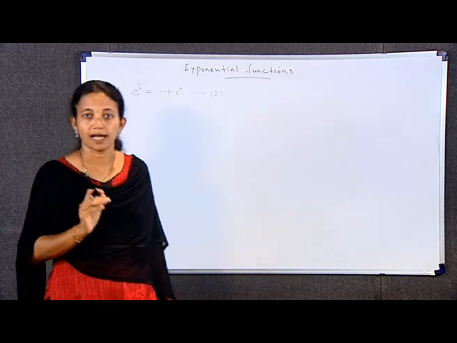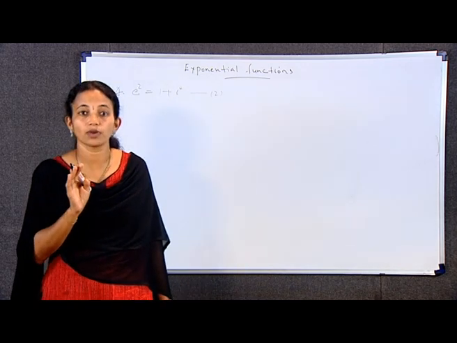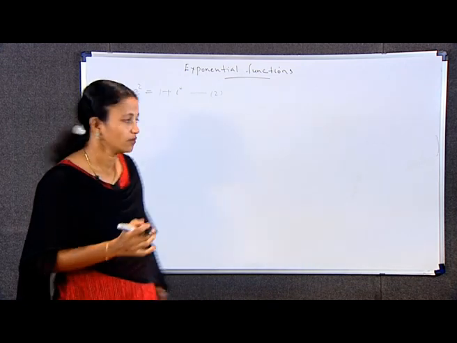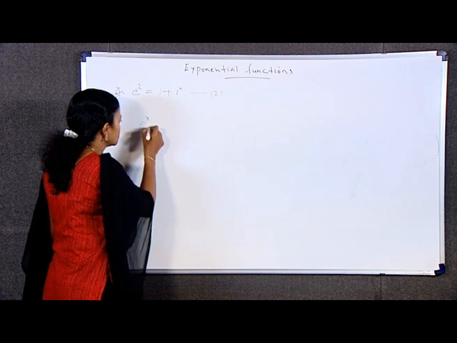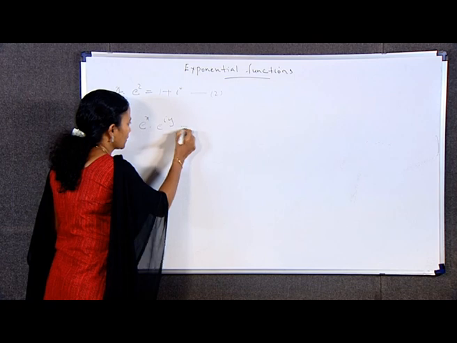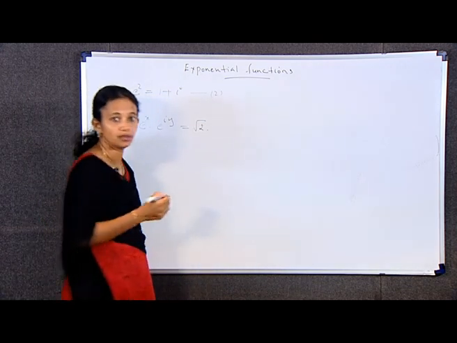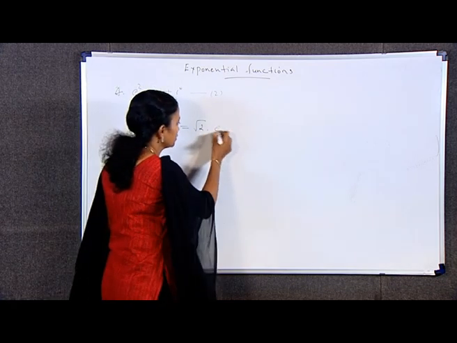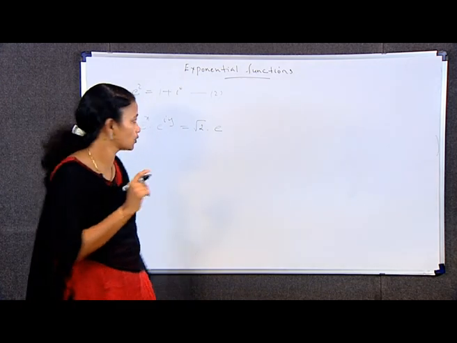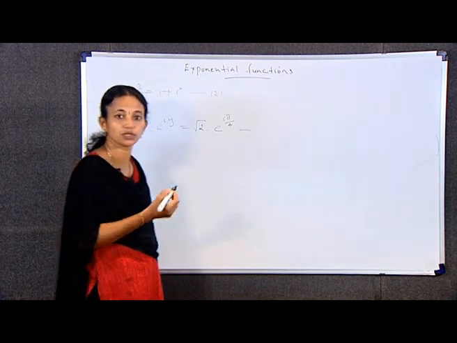Noting that 1 plus i is equal to square root of 1 squared plus 1 squared into e raised to tan inverse 1 by 1, we can write e raised to x into e raised to iy is equal to square root of 2 into e raised to tan inverse 1 by 1. So it is equal to e raised to i pi by 4. Mark it as equation number 3.